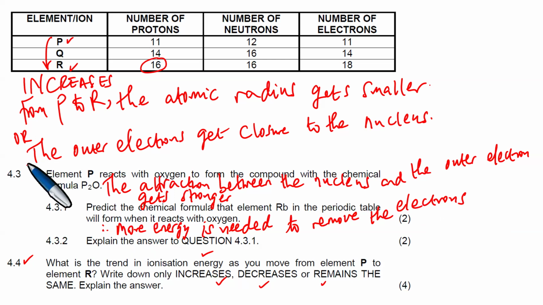We continue. The attraction between the nucleus and the outer electron gets stronger, so more energy is needed to remove the electrons.